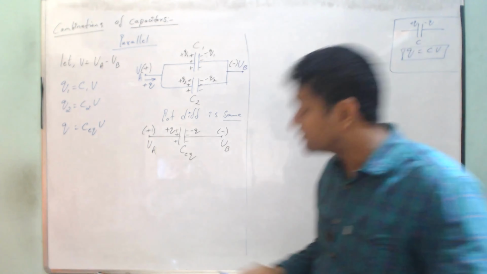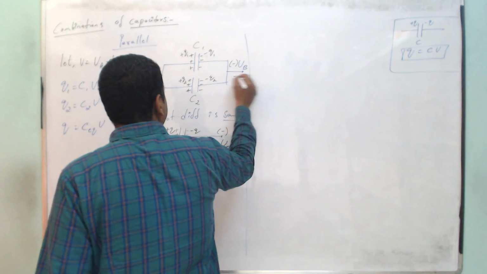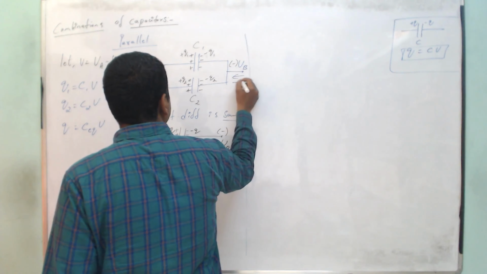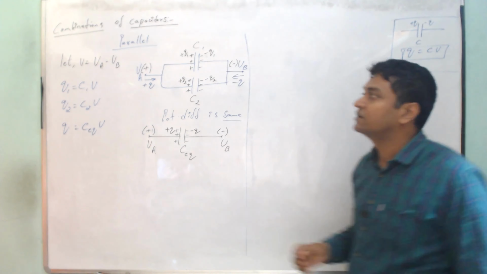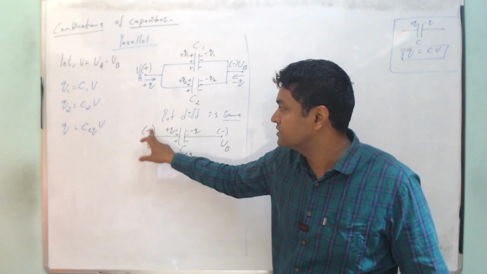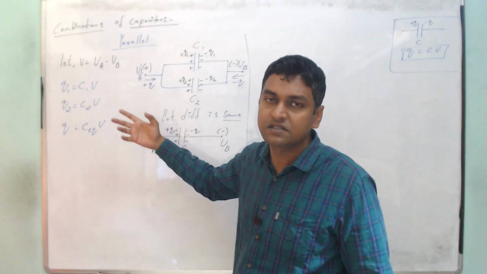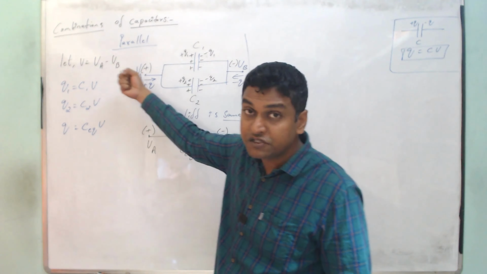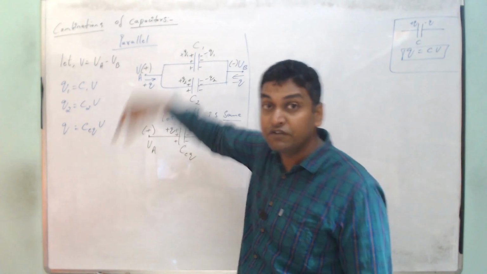And similarly on the opposite end, minus Q charge is the total amount of charge that should be passing through B. That also means that the total charges that I am taking from point A should be same in both the cases. That means here I am taking plus Q charge from point A, which is eventually getting distributed into Q1 and Q2. Is this clear?